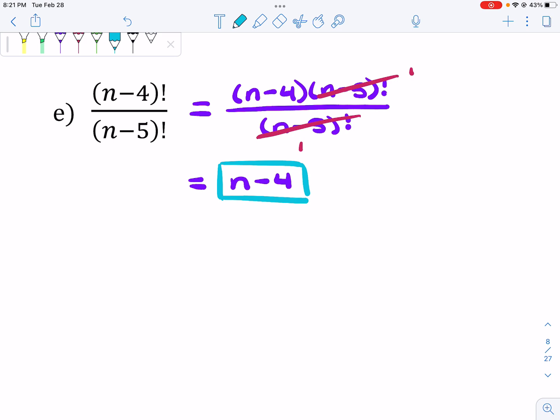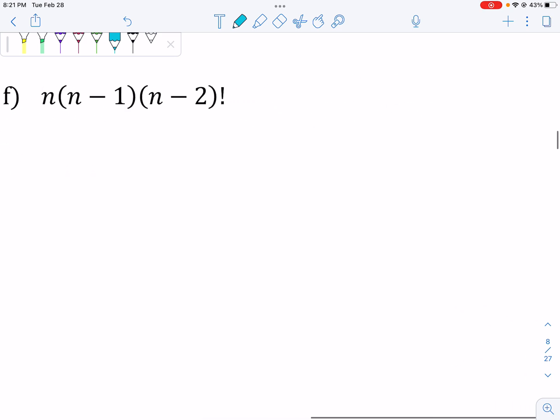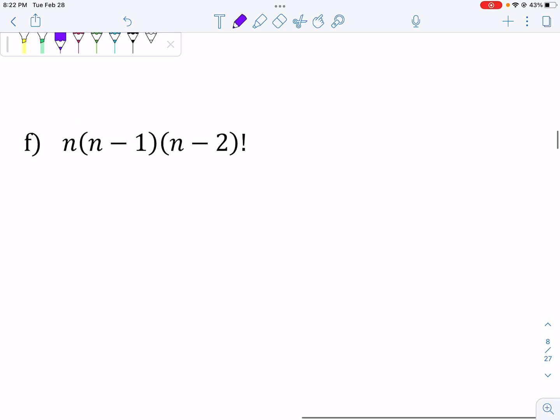We've got one more to go, and then we can talk about solving an equation that has factorial notation involved. So exciting. So let's take a look at that example. This example here, we actually don't have any division going on. So when we talk about simplifying things, we want to see if we can just combine everything together.